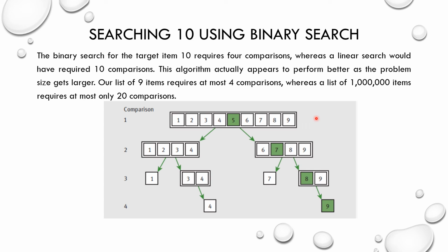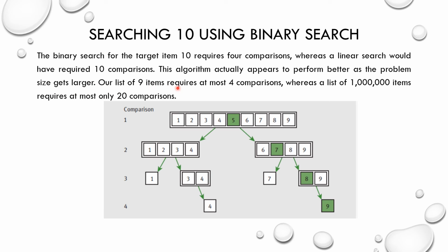For example, if one comparison requires 1 second, then the linear search will take approximately 10 seconds and the binary search will take approximately 4 seconds, a decrease of 6 seconds, even when we are comparing only small lists. This algorithm actually performs better as the problem size gets larger.